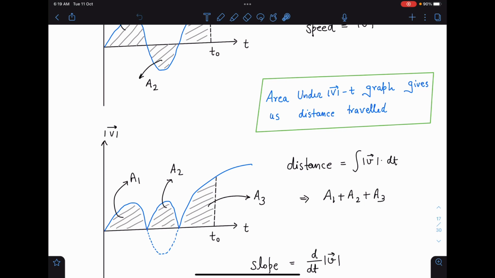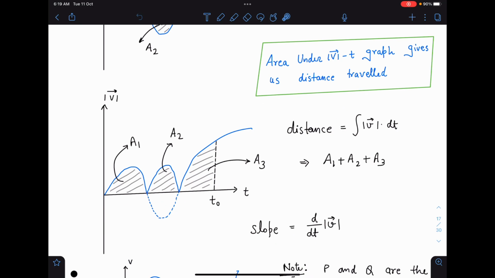So tangential acceleration in general is d by dt of mod v. However, in motion in a straight line, it is just the magnitude of total acceleration, positive or negative.